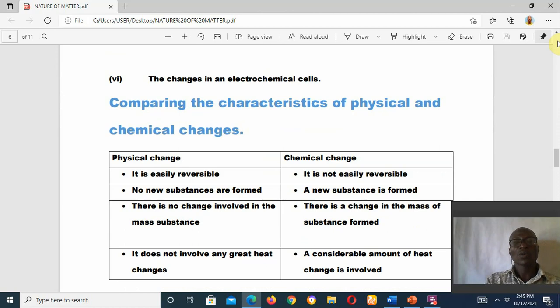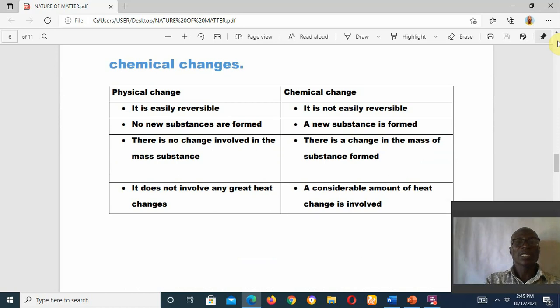Now, we move to comparing the characteristics of physical and chemical changes. Physical change is easily reversible, but chemical change is not easily reversible. Under physical change, no new substances are formed, but in chemical change, a new substance is formed.